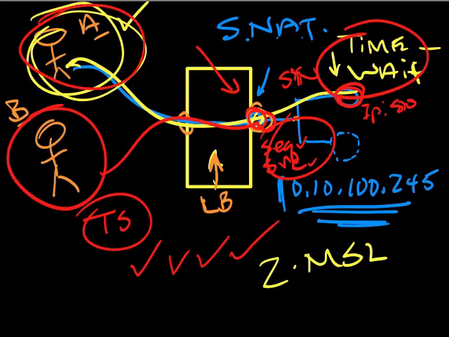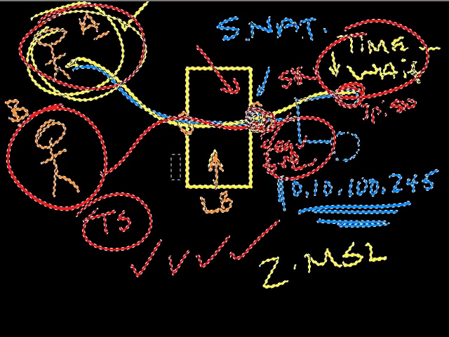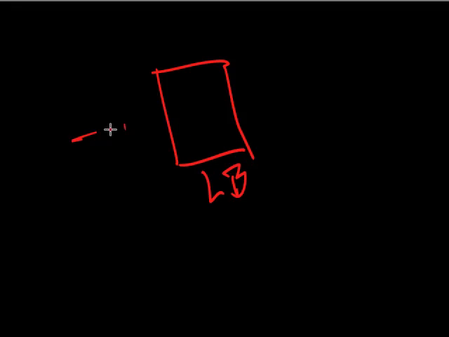It's actually quite simple, and this is a best practice, at least to me. If you have a high volume site and you're going to have to do SNAT, as a lot of people do, I'm going to draw it this way: if you're going to SNAT, use multiple addresses.